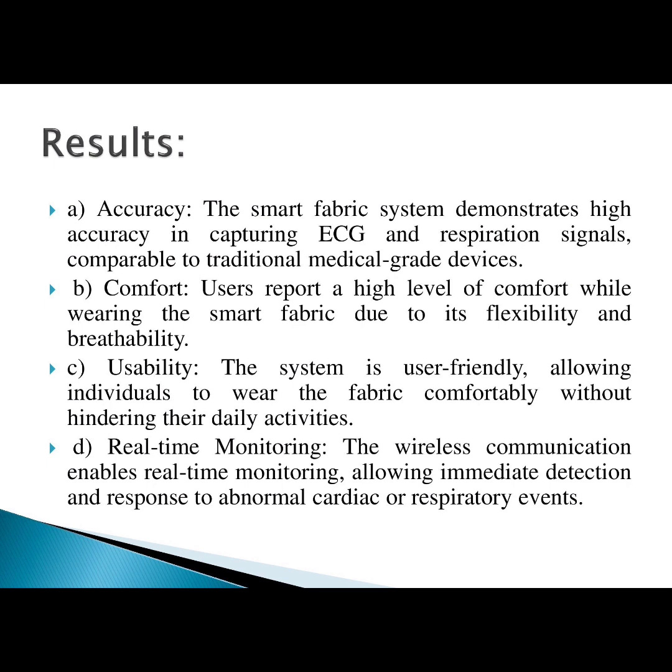The smart fabric system demonstrates high accuracy in capturing ECG and respiration signals, comparable to traditional medical grade devices. Next one, comfort. Users report a high level of comfort while wearing the smart fabric due to its flexibility and breathability. Next one, usability. The system is user friendly, allowing individuals to wear the fabric comfortably without hindering their daily activities.